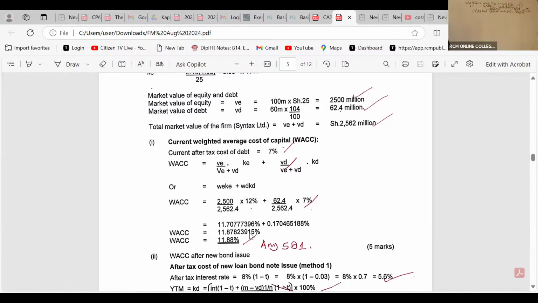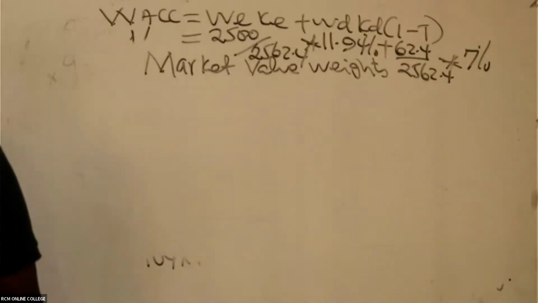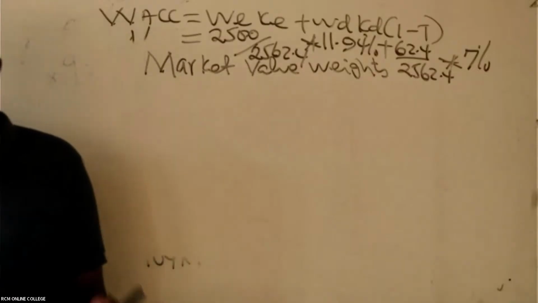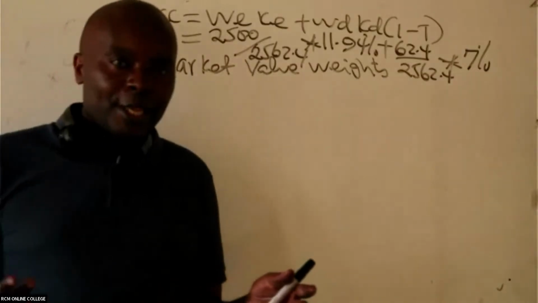Including people who get the market value weights, 2,500 and the market value weight of debt, 62.4. Even the total means something for you. Yeah, 11.8 something. In that case, I will give you a mark.